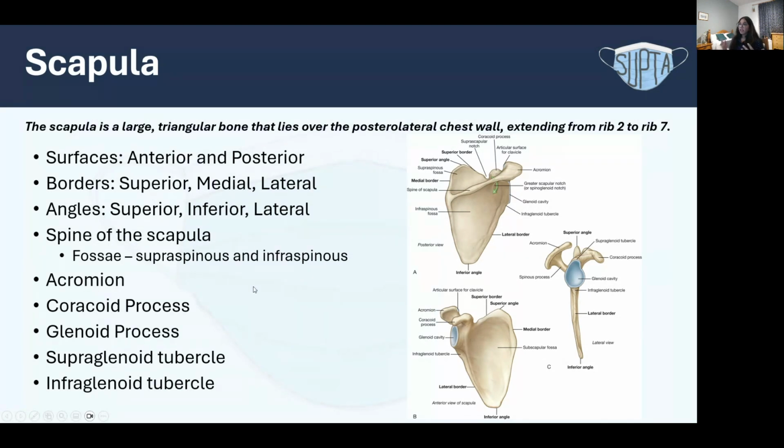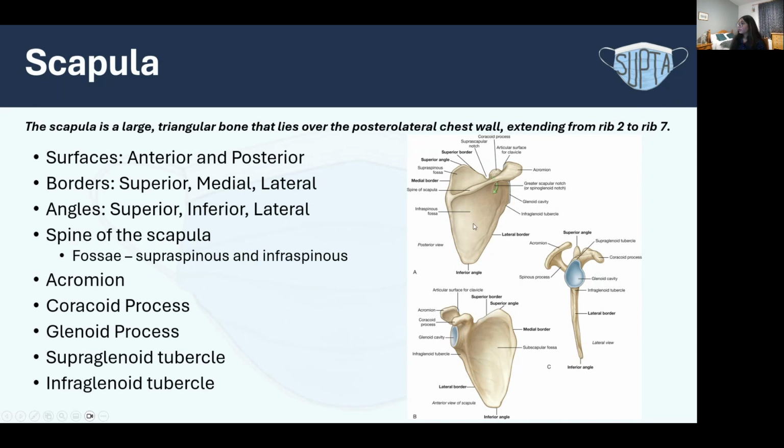Now, another thing about anatomy that you need to remember is that most of the times, everything's literally in the name. So supra, above, so supraspinous, and then you have infraspinous, below, okay? And there's other structures that's relevant as well, like the acromion, coracoid process, glenoid process, very important because it forms part of the glenoid cavity, which forms our glenohumeral joint, and we're going to go into detail into all of these, okay?